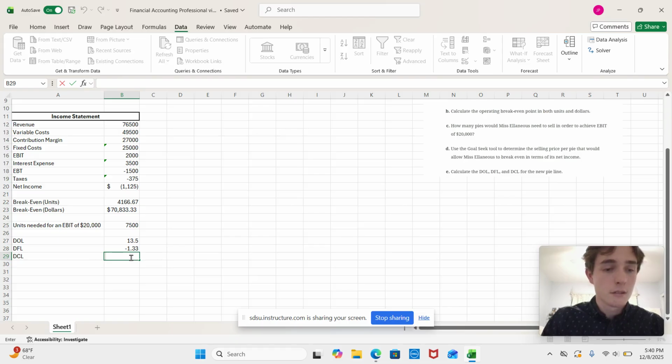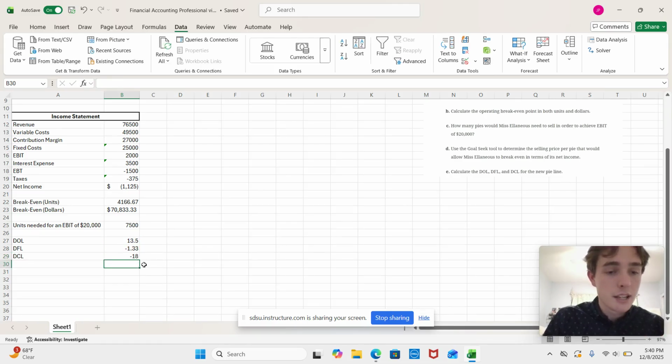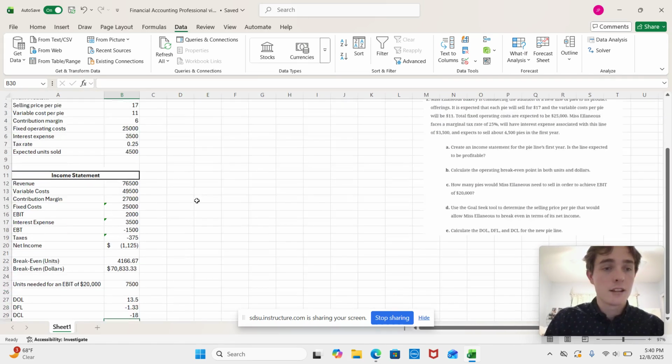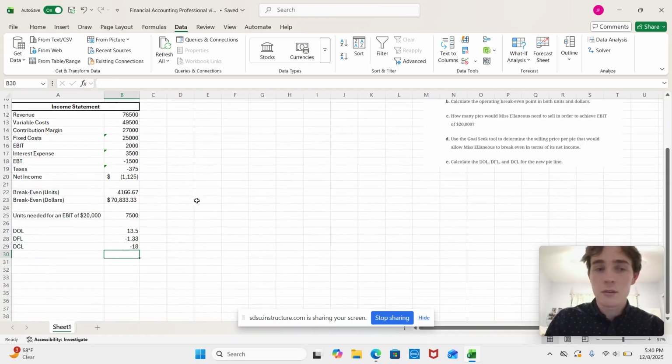So then for the DCL, you just multiply those two together. So you do equals B27 times B28. Just like that, we find that our DCL is a negative 18. And yeah, that looks to be about all the problems answered.